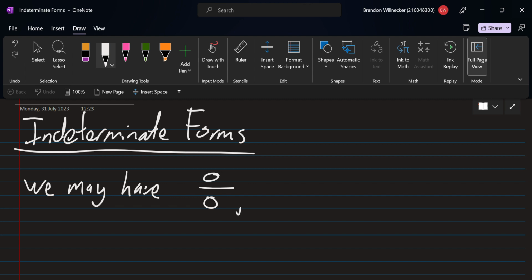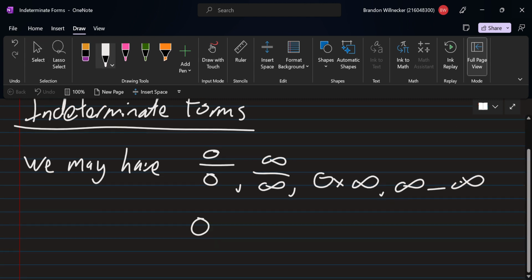Okay, in the limit, if you get something with 0 over 0, we don't know what that value is. Okay, also if we get something like infinity over infinity, what kind of value is that? Okay. Next is 0 times infinity, infinity minus infinity, 0 to the 0, and 1 to the infinity. So we see that in all these different cases, it's unclear what the value should be.